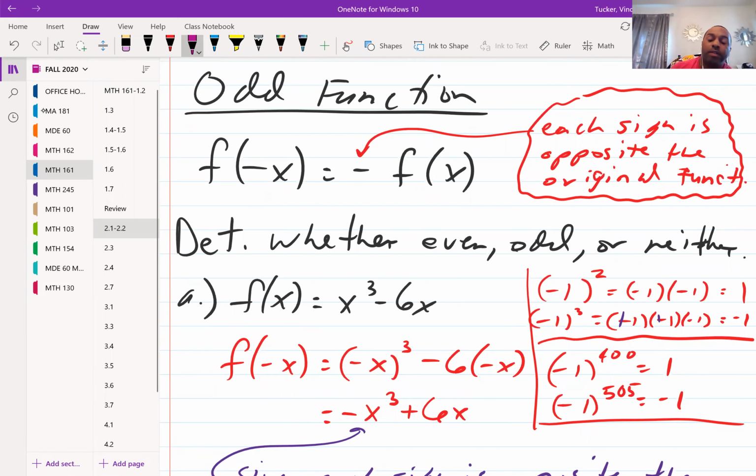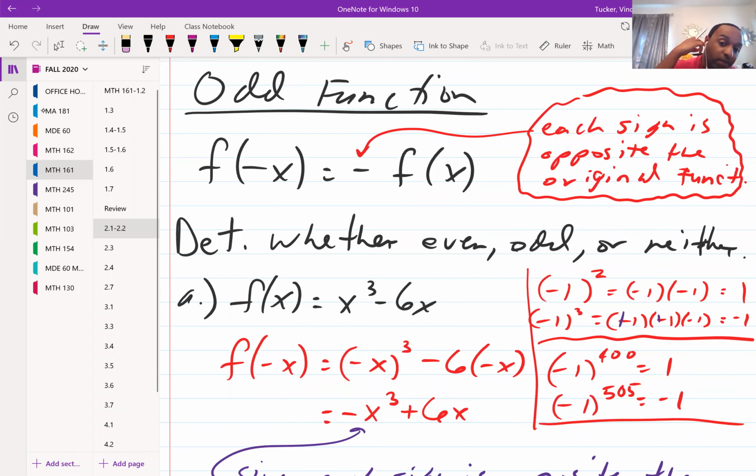If it's even, your negatives are going to cancel and give you a positive result. If it's odd, all your negatives will cancel except for one and just leave you with that negative. In other words, if I have negative 1 to the 400th power, the result is going to be positive 1. But if I have negative 1 to the 505th power, the result will be negative 1 because there will still be a negative left over because it's odd.